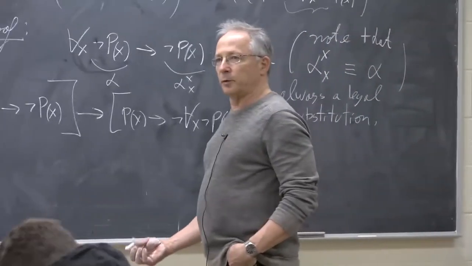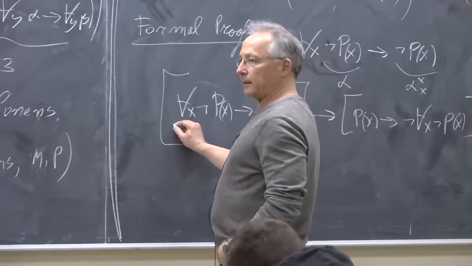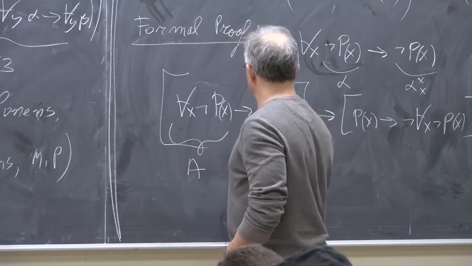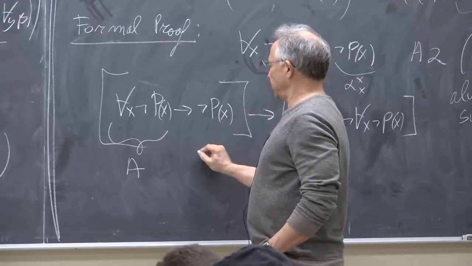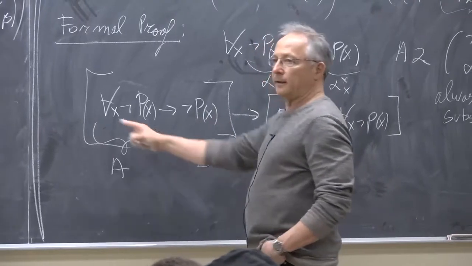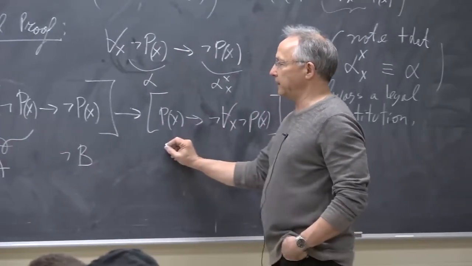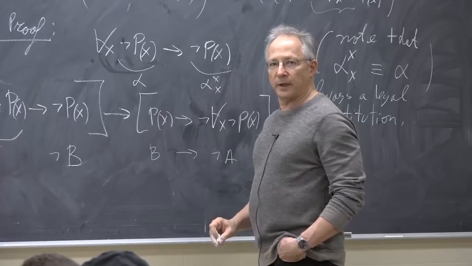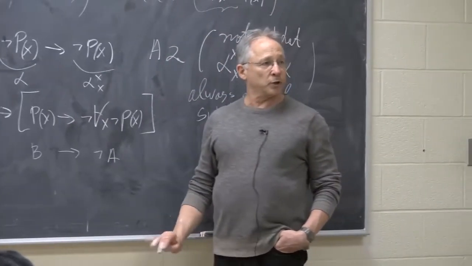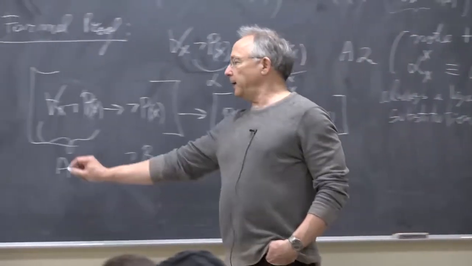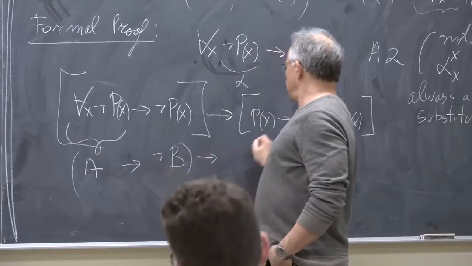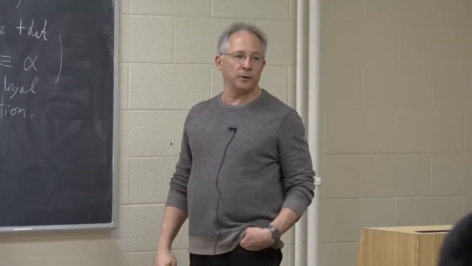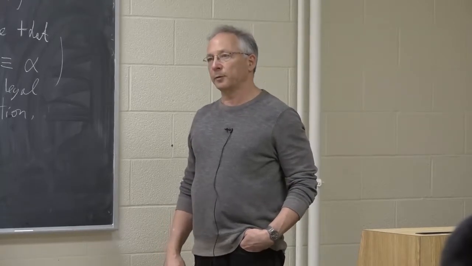Because if I break it down to propositions, call this guy A, and this guy not B. So P of x is B, this is A. What I have here is B arrows not A. If I break it down with the propositional connectives as much as I can, I get the formula A arrows not B, arrows B arrows not A, which is a propositional tautology. It's not a propositional axiom, but it is a propositional tautology.